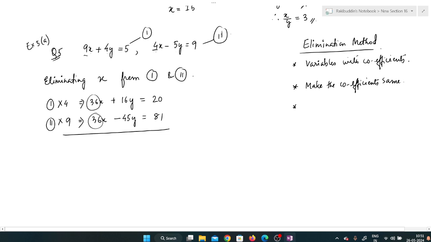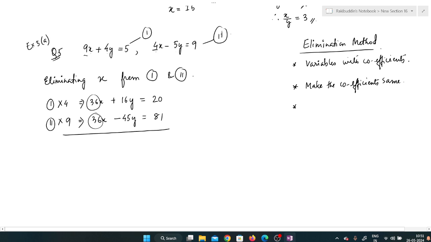Now I can eliminate. Both are positive, and two positives will never get cancelled, so we need to subtract. The signs should always be opposite. If we put a minus sign here, this minus sign will affect all three terms in the equation.